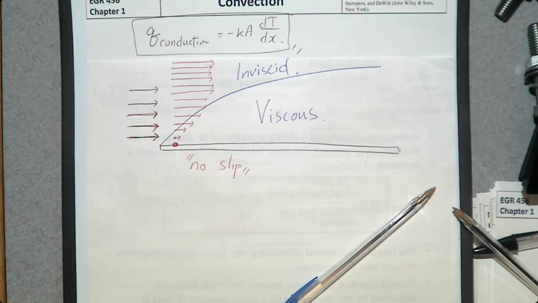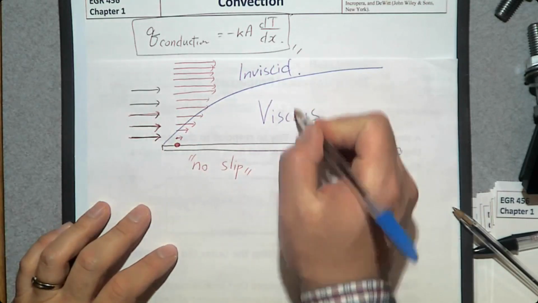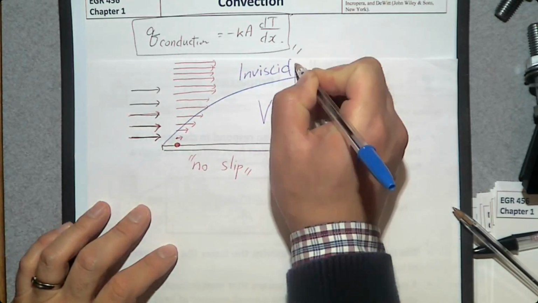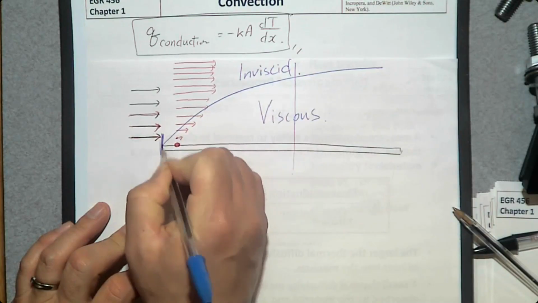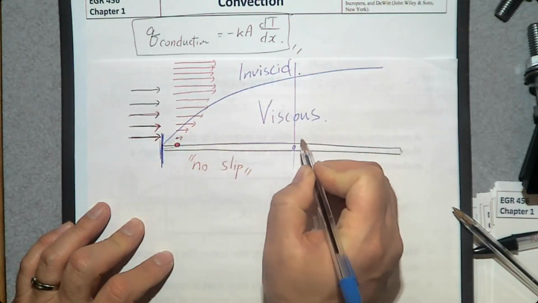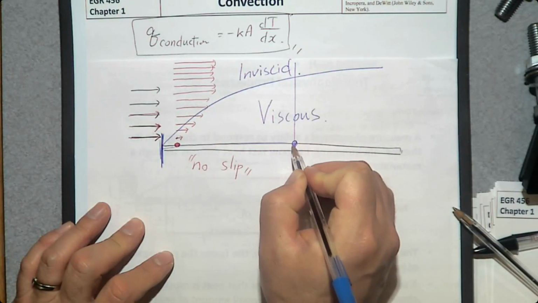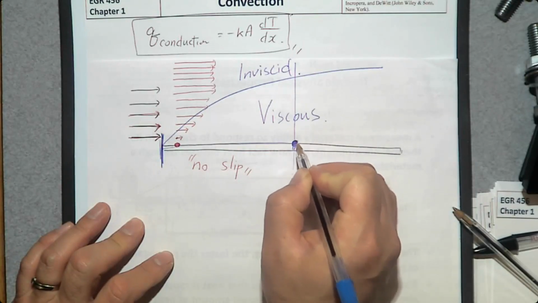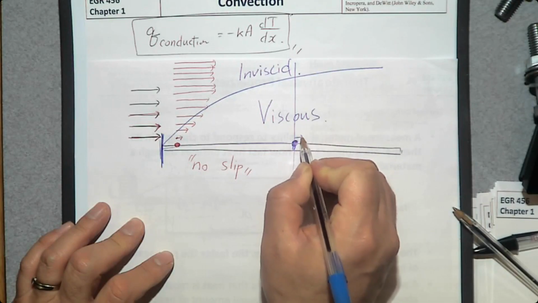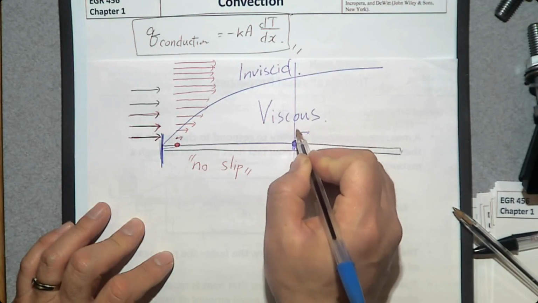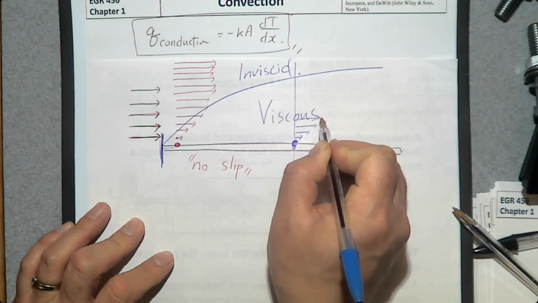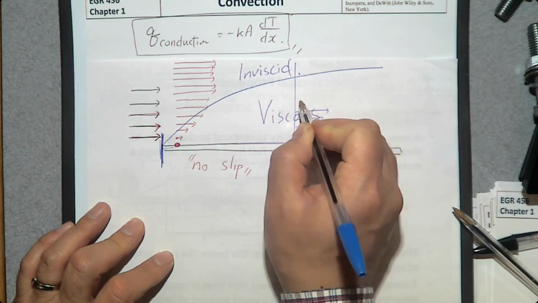When we talk about velocity profiles of these fluid particles at a certain distance from the start of this plate, the fluid particle at the surface is going to be stopped, and there's a slight velocity increase like that.